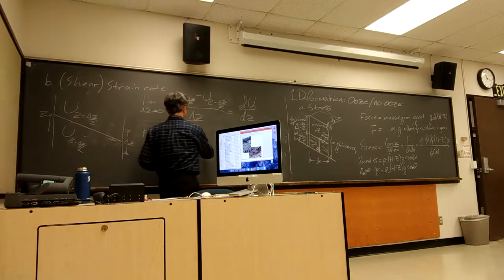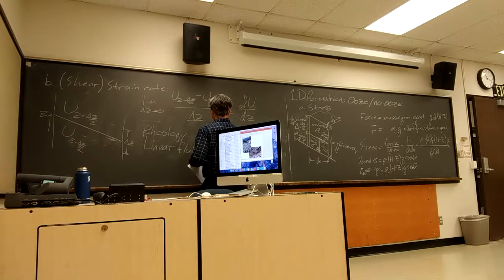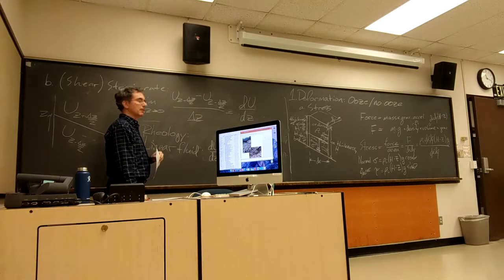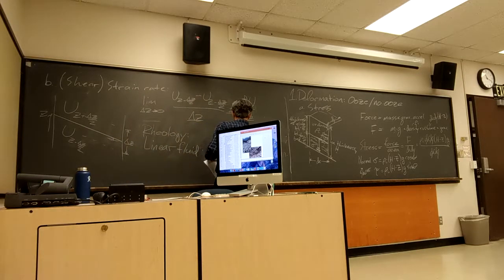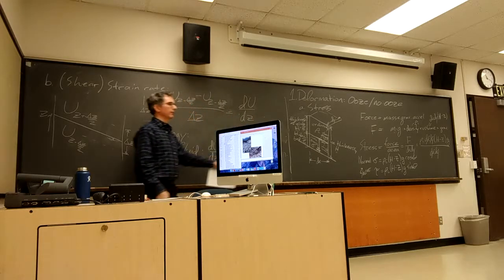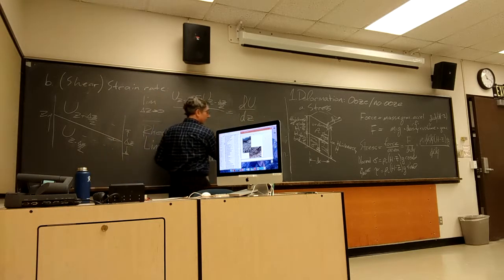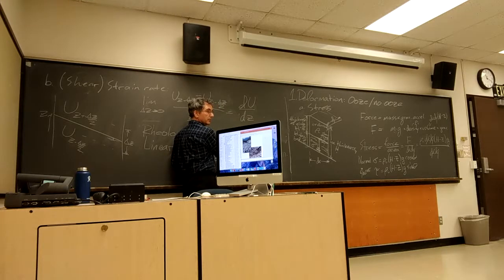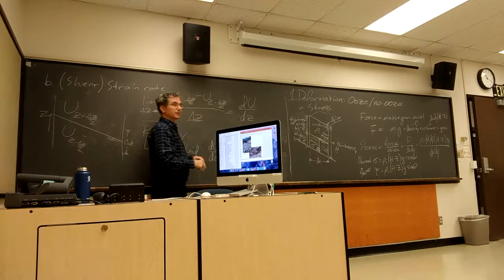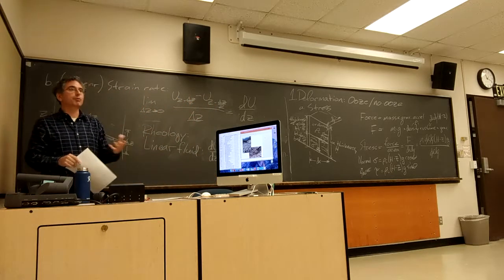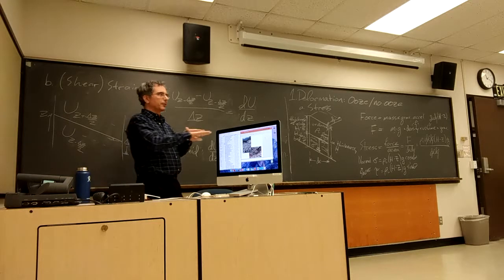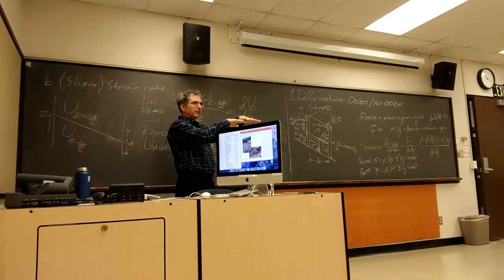So for a linear fluid, my du/dz is equal to some constant times my shear stress. And that constant we represent as 1 over mu, the lowercase Greek letter mu. And that's the viscosity. So the viscosity is the fluid property that describes the resistance for layers to slide past one another.